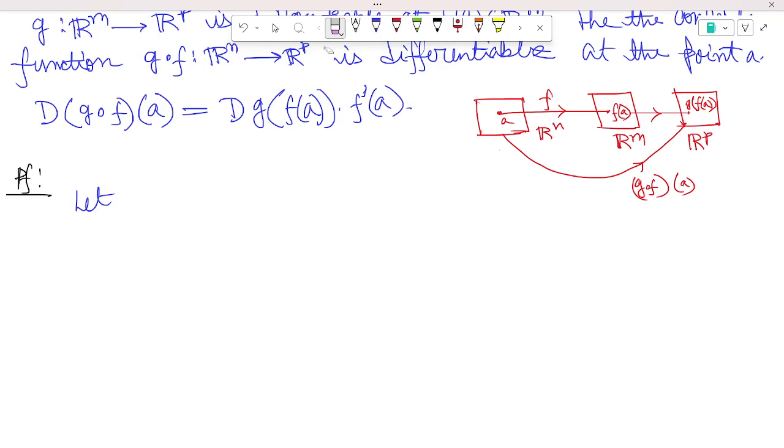Let b equal to f(a), that means that element is b.